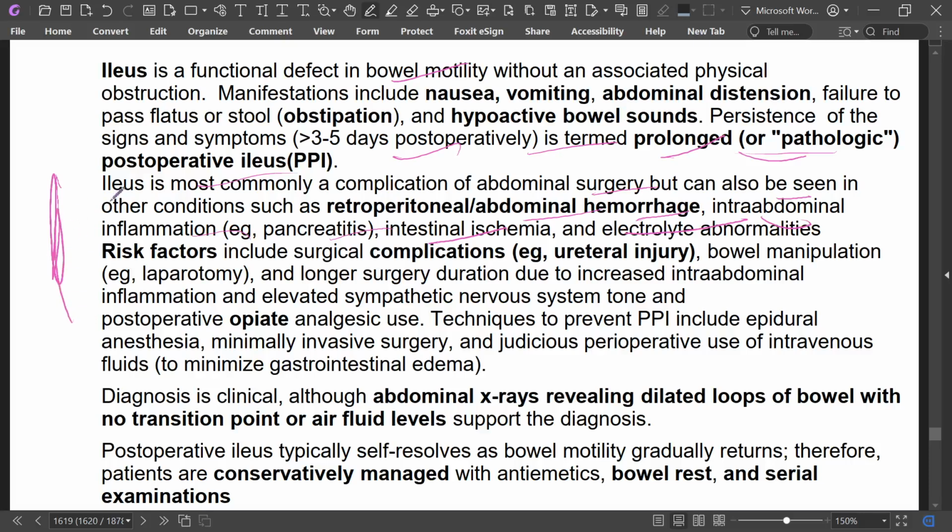The risk factors include surgical complication, ureteral injury, bowel manipulation, laparotomy, longer surgery duration due to increased intra-abdominal inflammation, and elevated sympathetic nervous system tone.